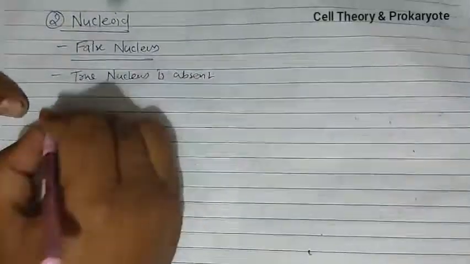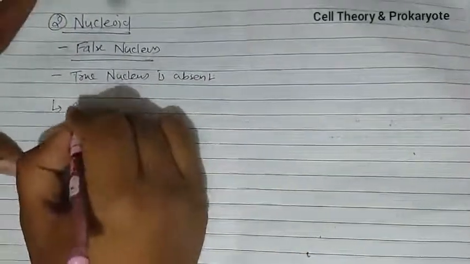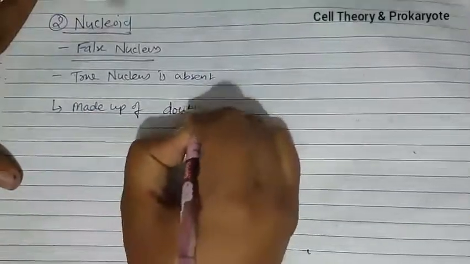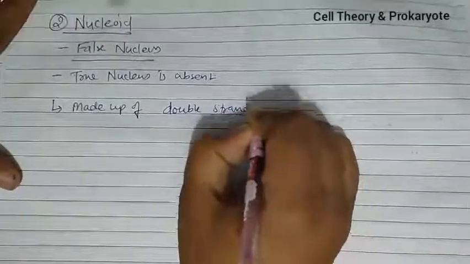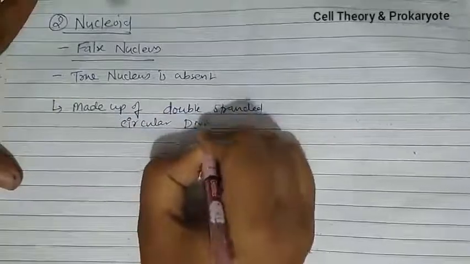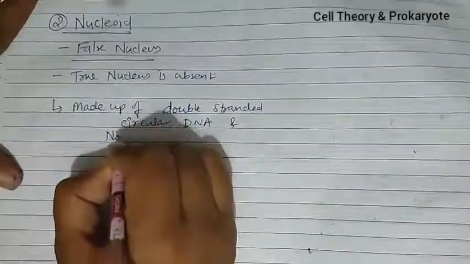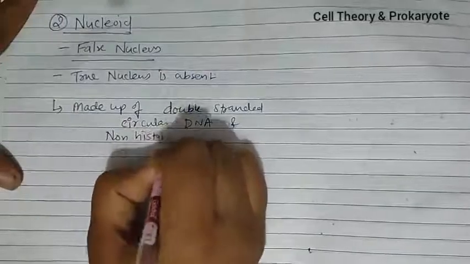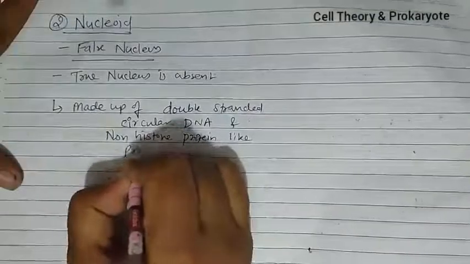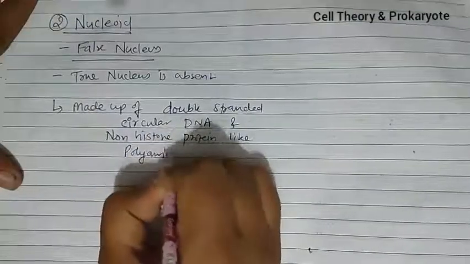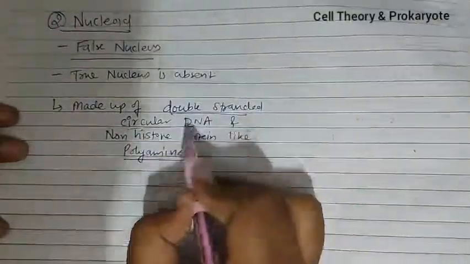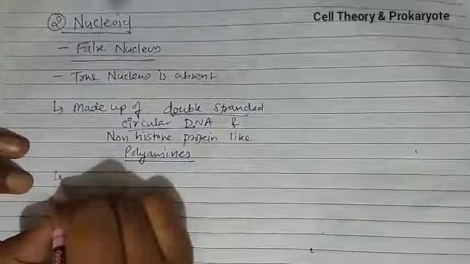Now this nucleoid is made up of double stranded circular DNA and non-histone protein like polyamines. So this polyamines and double stranded circular DNA combinedly form a nucleoid.